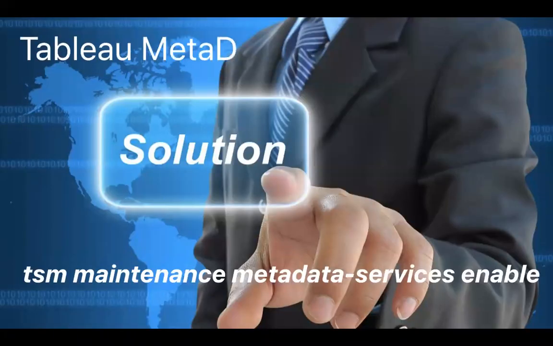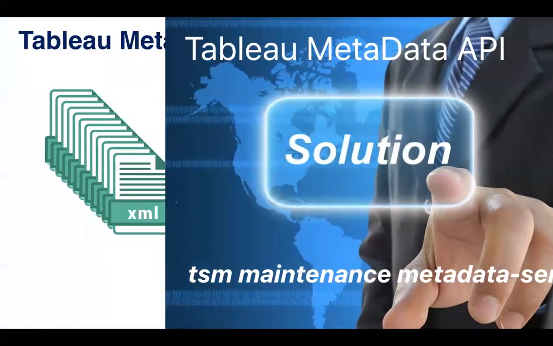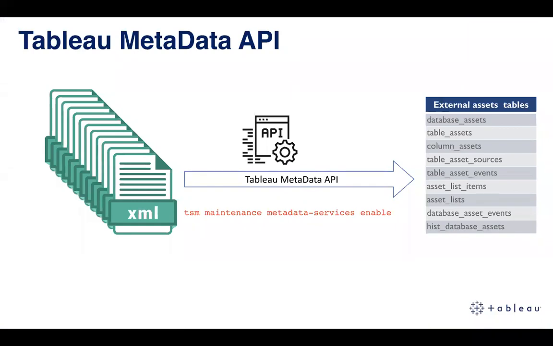What is Tableau's solution? Voila, the Tableau Metadata API. The Tableau Metadata API is the magic. It's the TSM command line that you enable after you upgrade to 19.3. What it does is very simple.